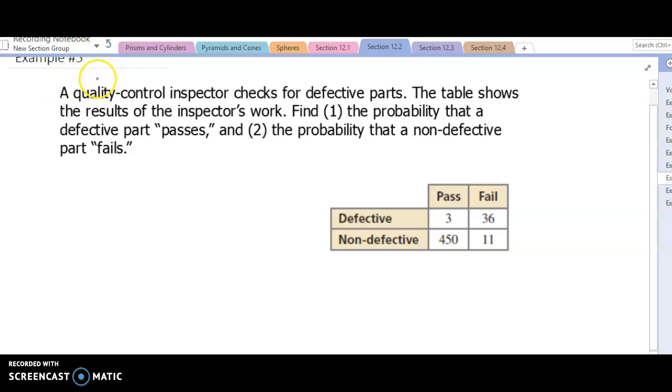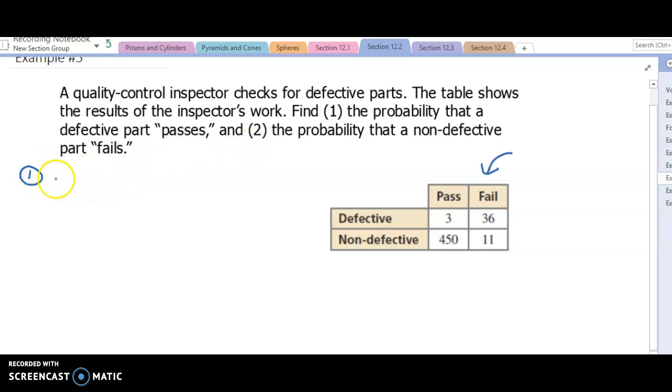All right, so we are to example 5. It says here, a quality control inspector checks for defective parts. The table shows the results of the inspector's work. So here's our table, and this table makes our life a whole lot easier. There's two parts to this question.